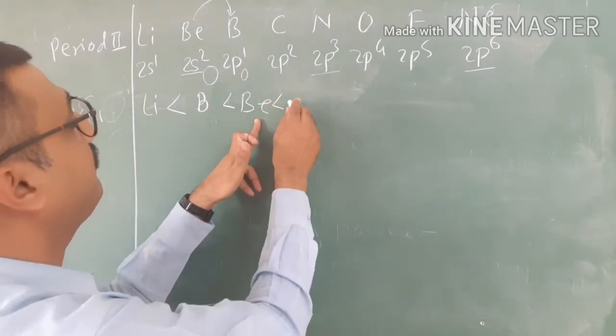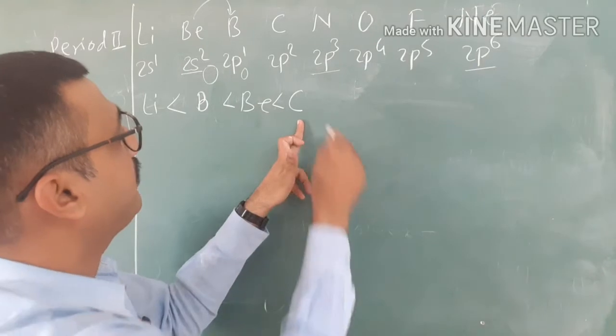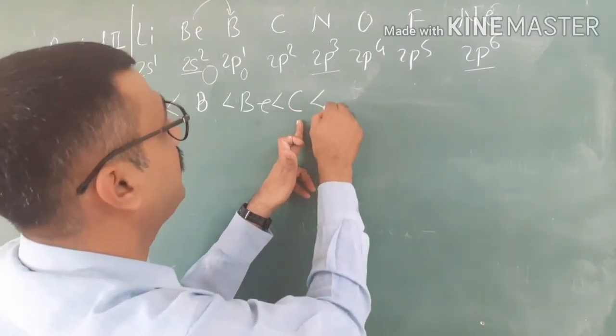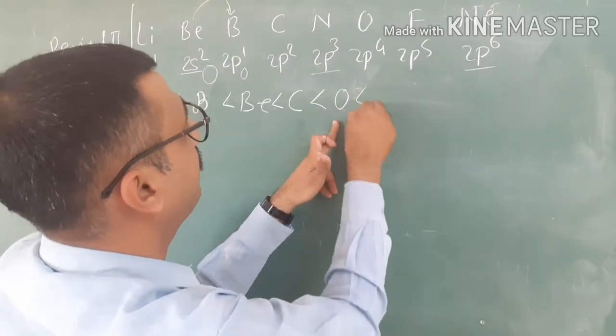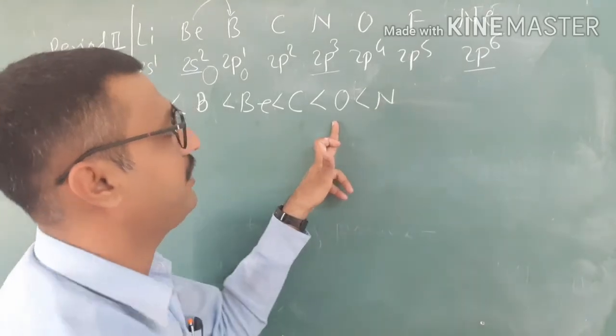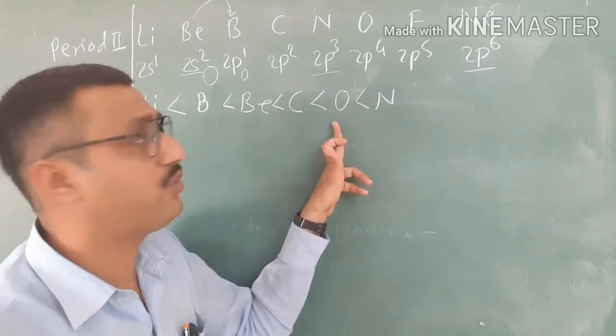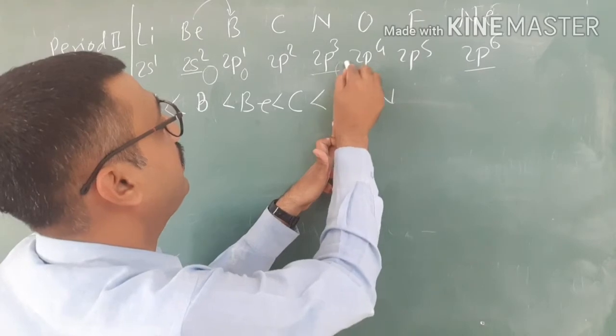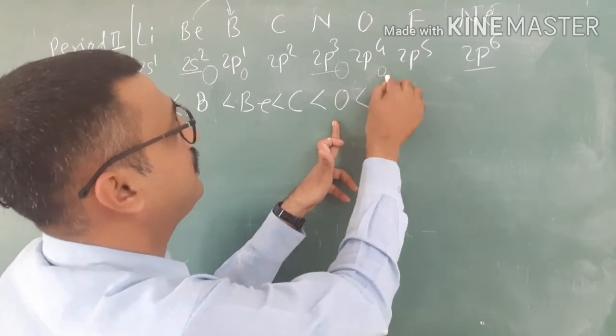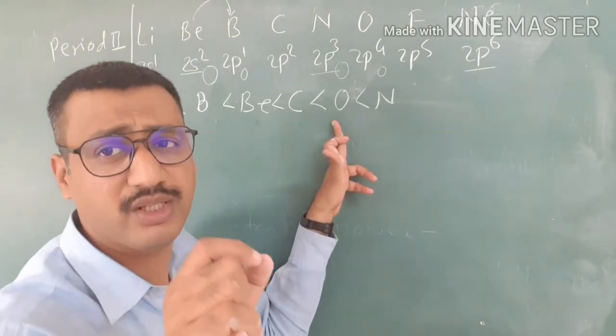Then carbon, and as compared to carbon, oxygen is higher, and as compared to oxygen, nitrogen is higher. Now here also, what may we think about nitrogen and oxygen? In case of oxygen, oxygen is smaller as per the size.